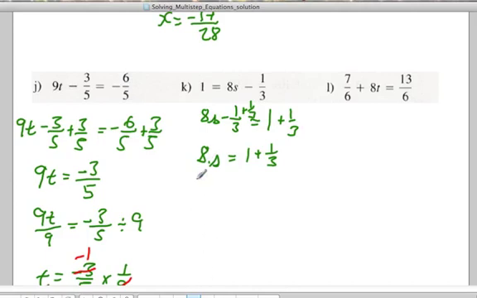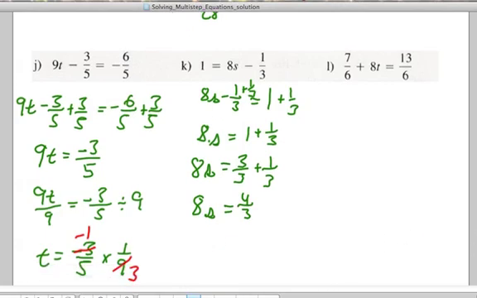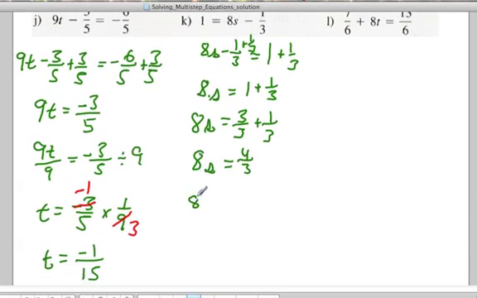And so now we've got 8s is equal to 1 over 1, with the denominator 3 is 3 over 3, plus 1/3. So 8s is equal to 4/3. We're going to divide both sides by 8 in order to isolate the variable. So 8s over 8 is equal to 4/3 divided by 8.